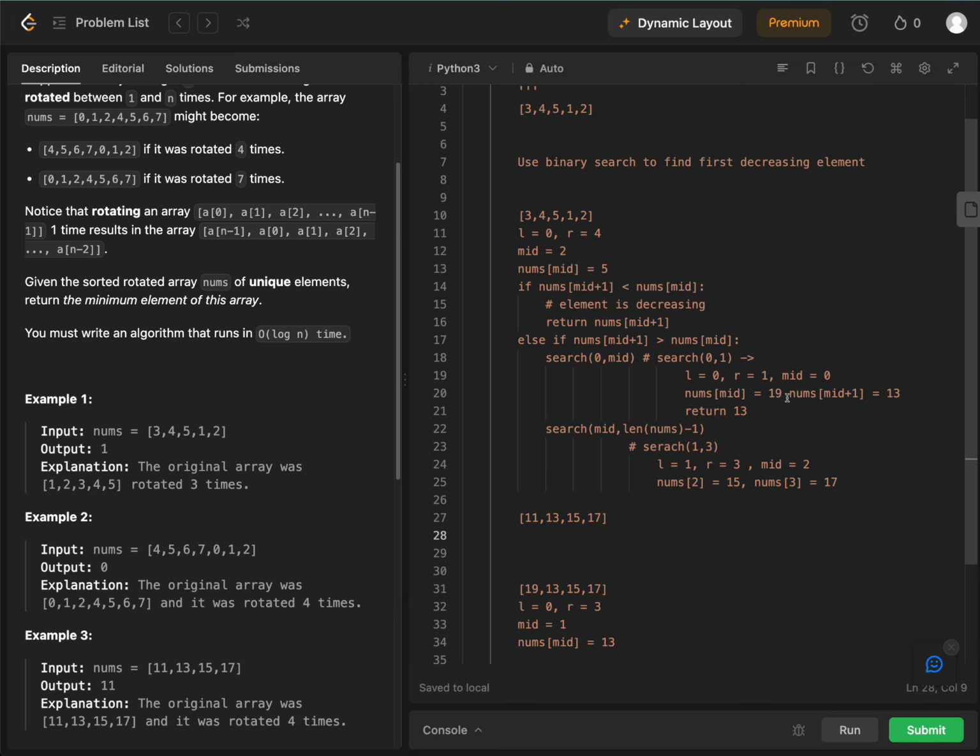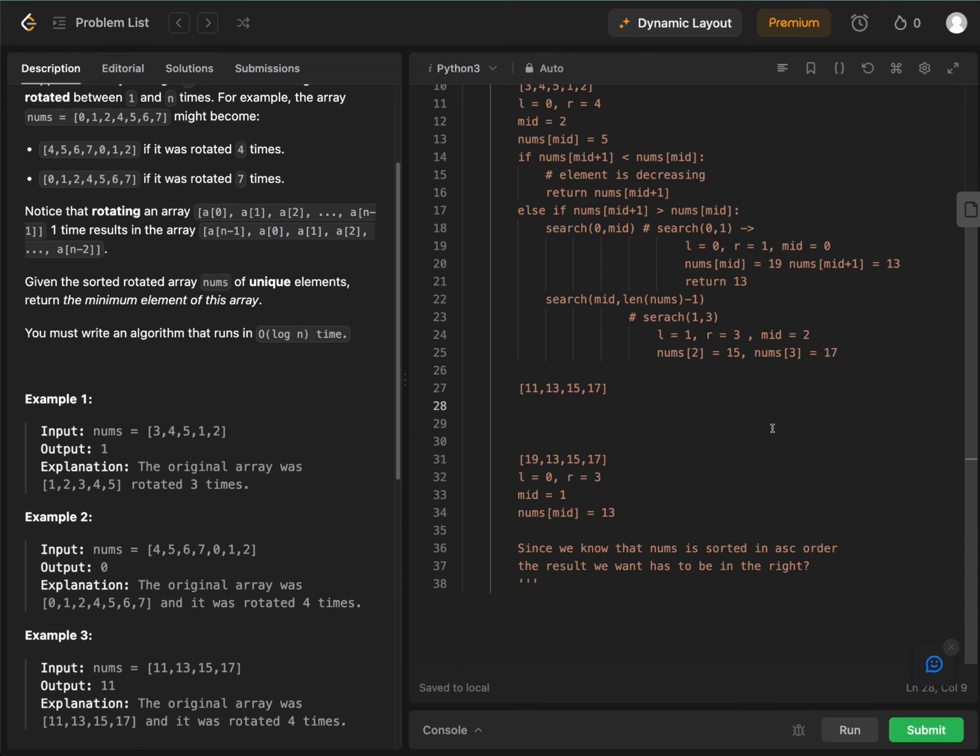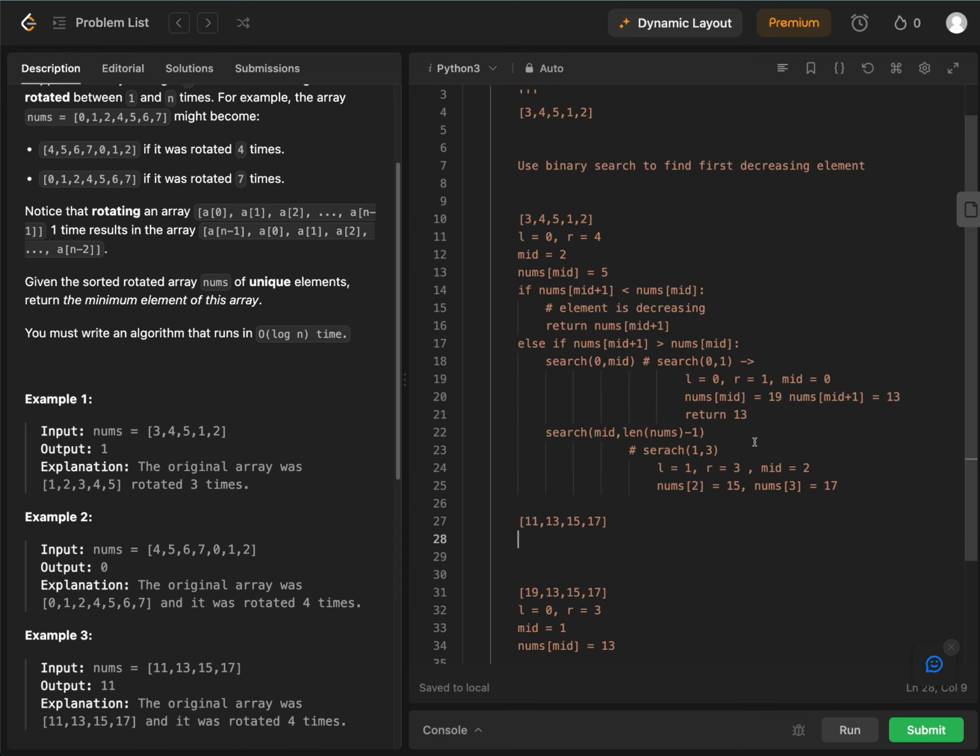I think I got the general idea of it, but can't really think of the implementation.